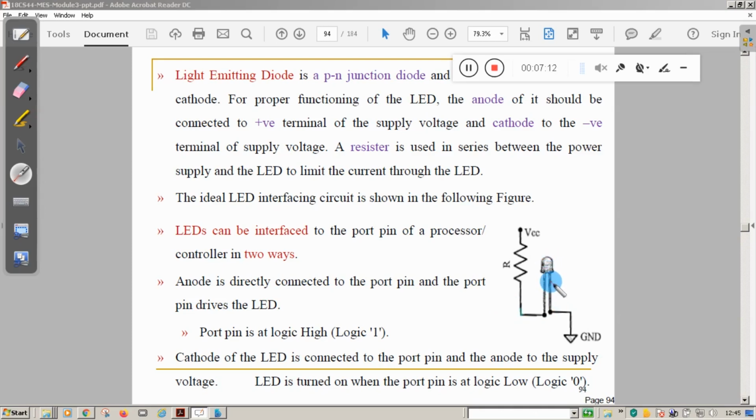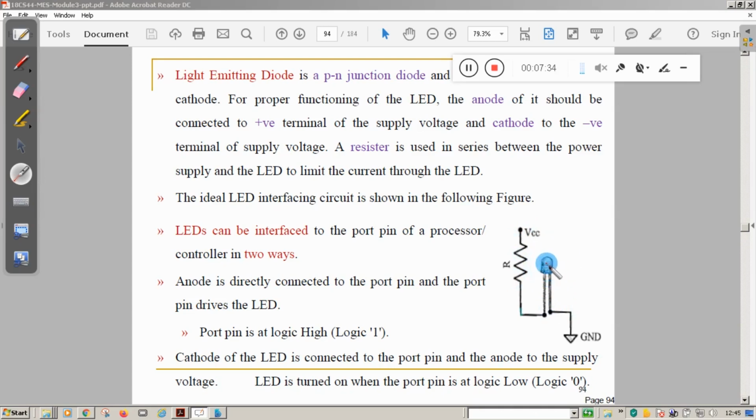Suppose you connect the negative cathode to the port pin of the controller and the anode to VCC, and the port pin is at logic 0, then this LED will glow.